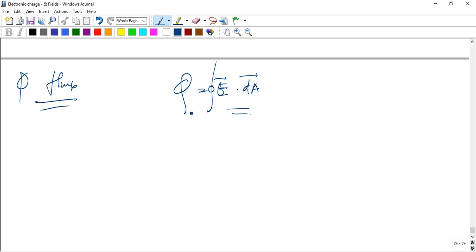Flux is a scalar quantity, so we get a value. The SI unit of electric field is Newton per Coulomb, and the area is in meter square, which gives the unit of electric flux.